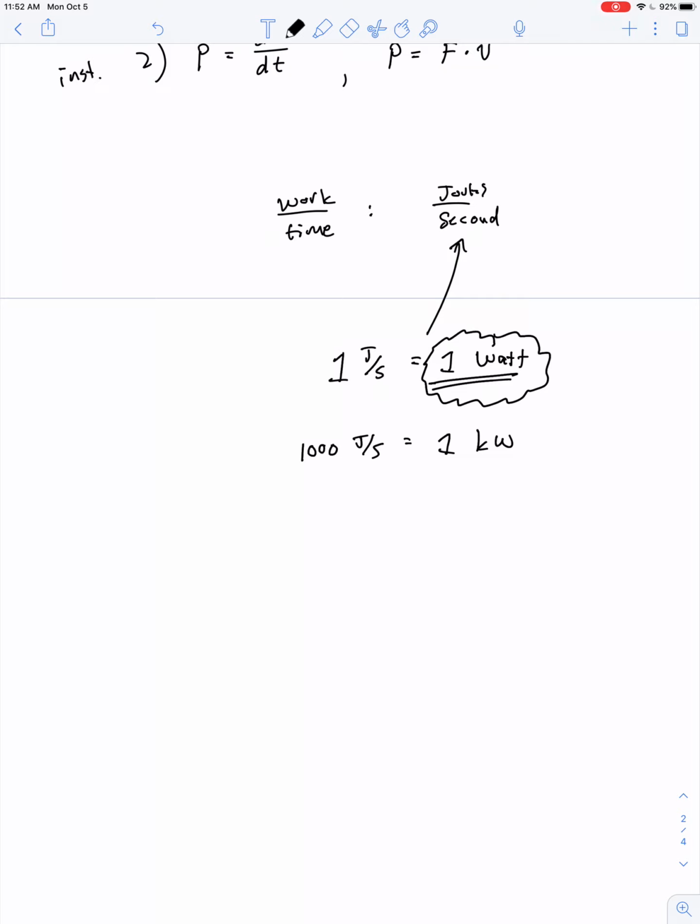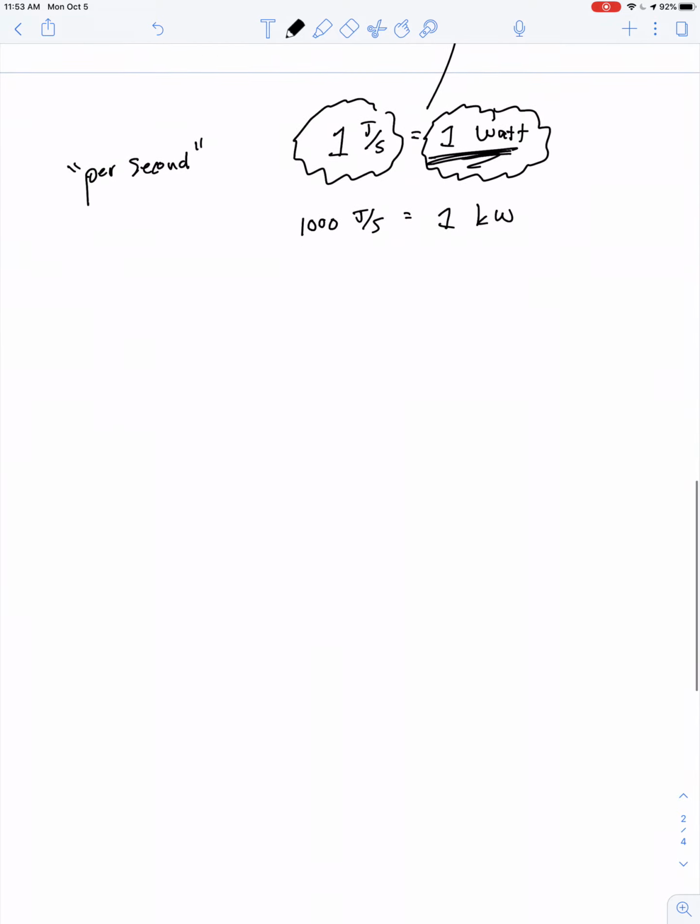Now, if you were told a certain number of joules per second, then you immediately understand that there's a rate involved. Whenever you hear per second, you know it's a quantity that represents some kind of rate. If you hear watts, you lose sense of that definition. For example, San Onofre, I believe they call it SONGS, the San Onofre Nuclear Generating Station.